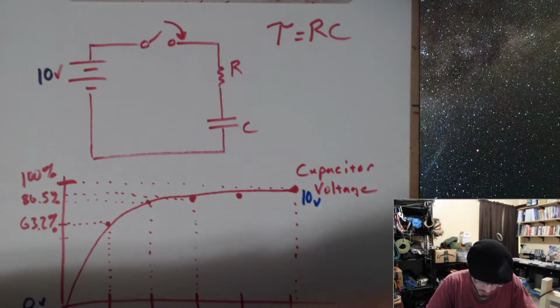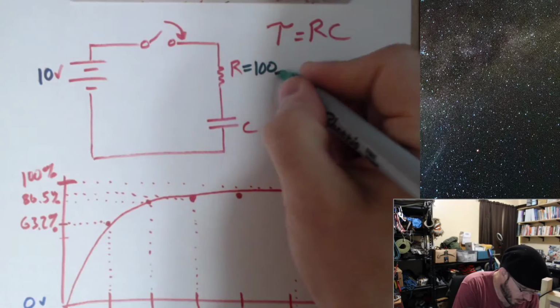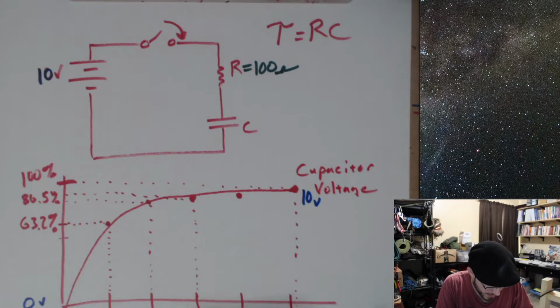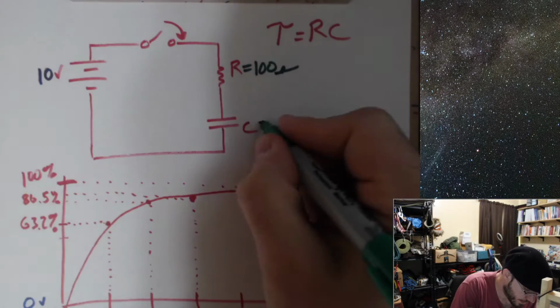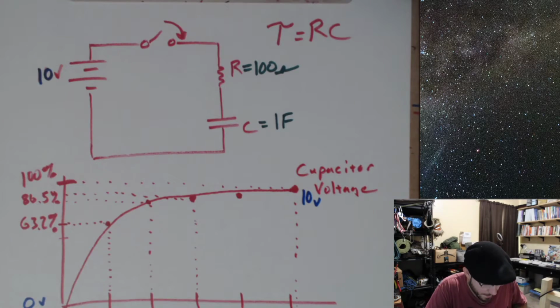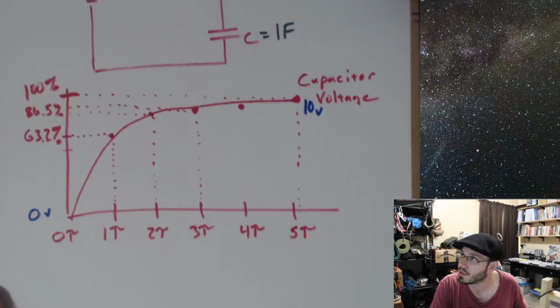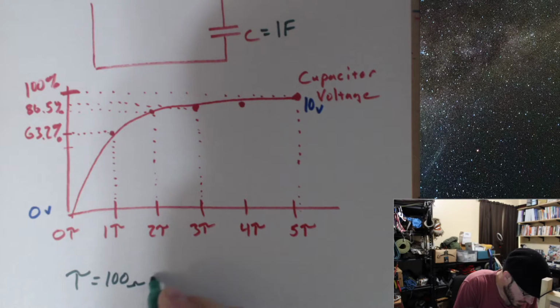Let's say R is going to be equal to 100 ohms, and let's keep this real simple, let's say our cap is 1 farad. Okay, so what is our time constant? Our time constant is going to be 100 ohms times 1 farad.